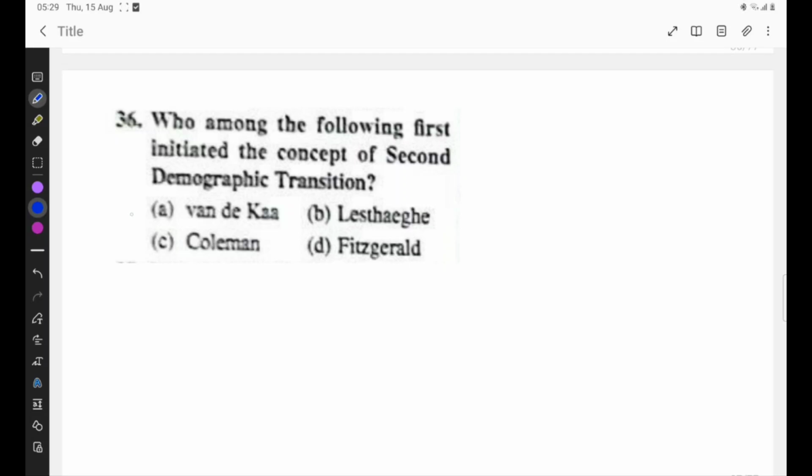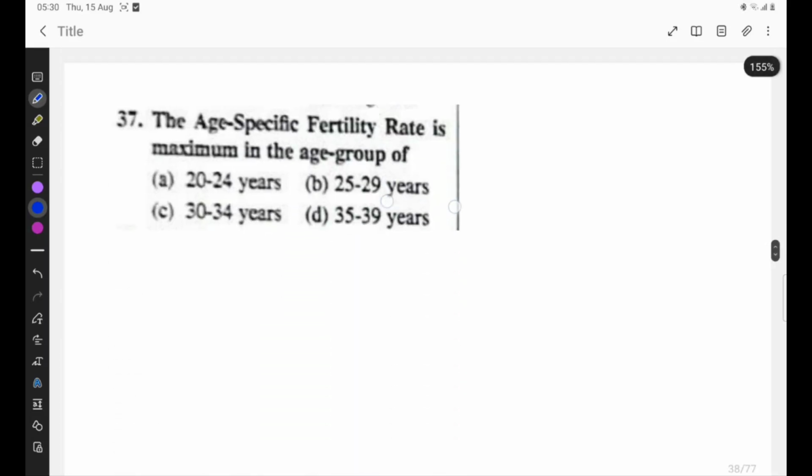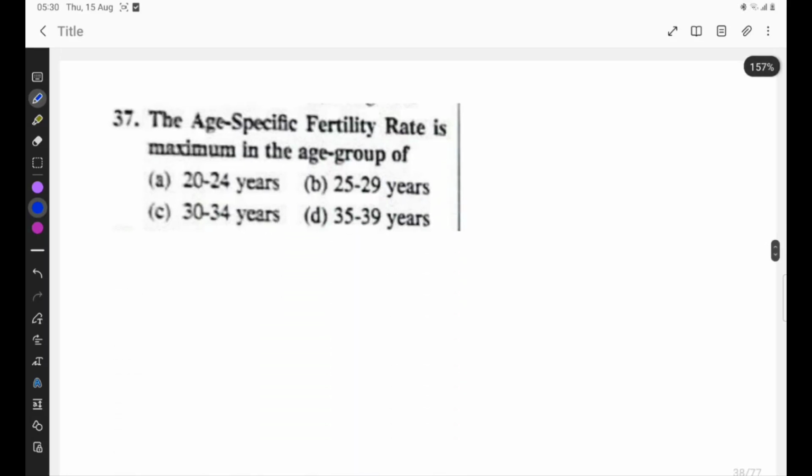The correct answer is option A. The next question is, the age specific fertility rate is maximum in the age group of 20 to 25, 25 to 29, 30 to 34, 35 to 39. The answer is 20 to 24.